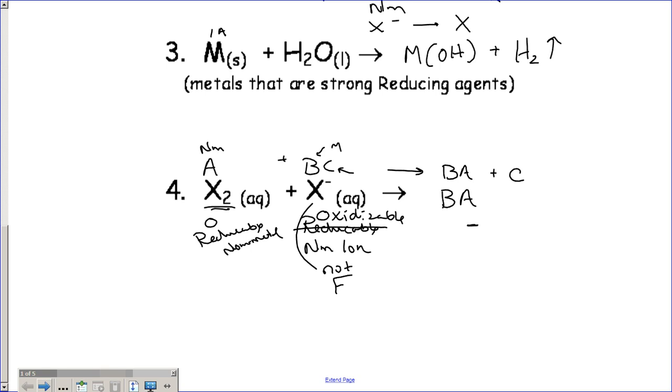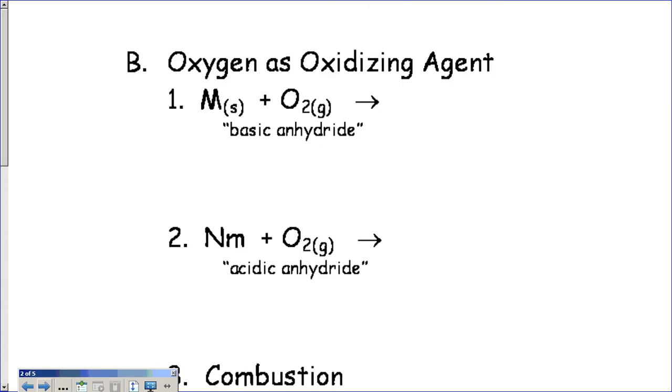The other thing we're going to look at is oxygen as an oxidizing agent. So last year we talked about combustion reactions and combustions of hydrocarbons, and that is oxygen acting as an oxidizing agent, meaning the oxygen is going to reduce to oxide ion.